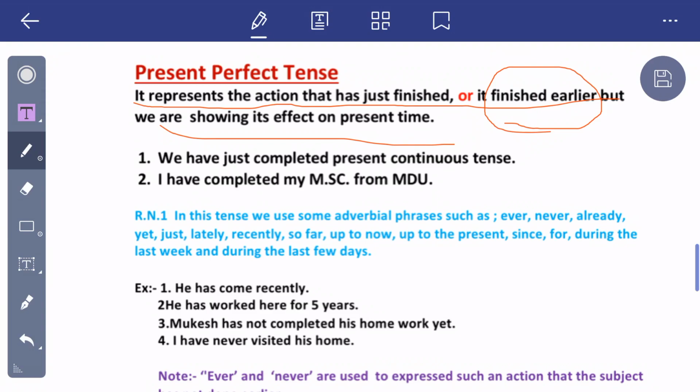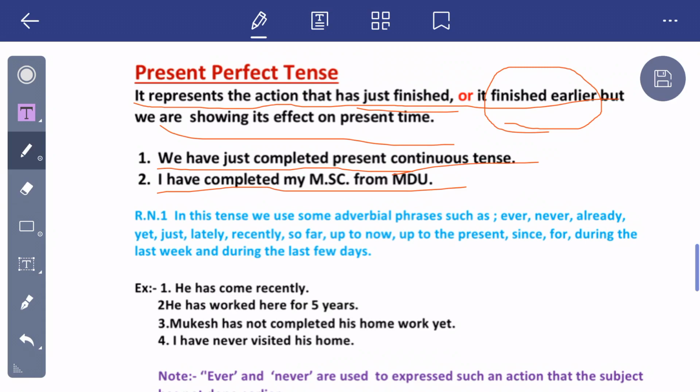Look at the first sentence: we have just completed present continuous tense. So the action has just finished. Obviously we have just finished present continuous, now we are on present perfect. Look at the second sentence: I have completed my MSc from MDU. Suppose I completed my MSc in 2017, but I am saying I have completed.